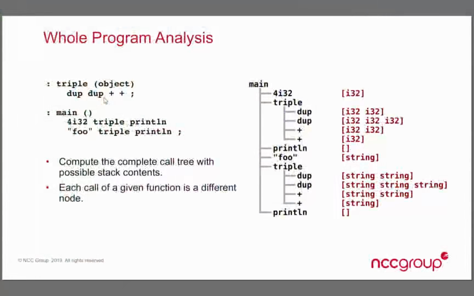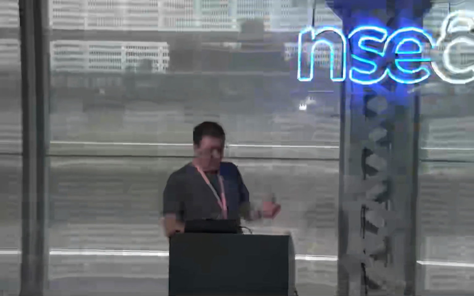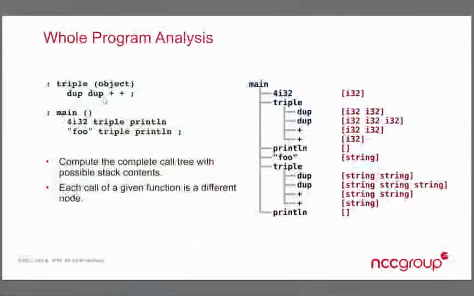If it's a string, it will just concatenate it. So triple can work with integers, modular integers, with strings, but not with everything. Not everything can be added. And the compiler does not mind that I said it can be called with any object because it does not try to imagine what would happen with any matching possible type.